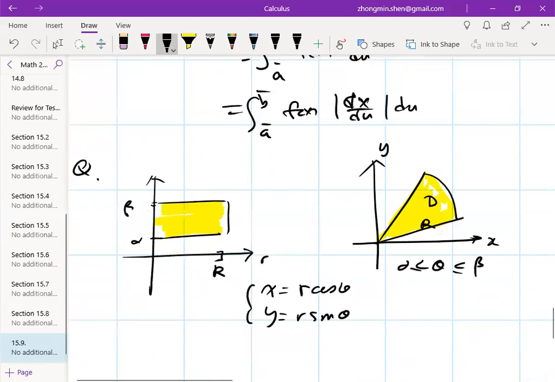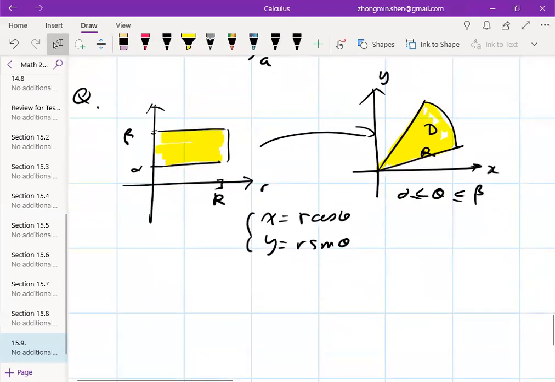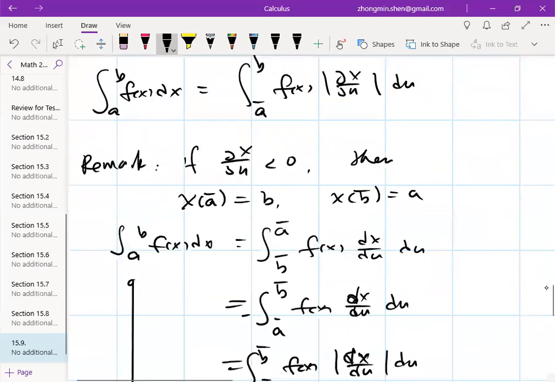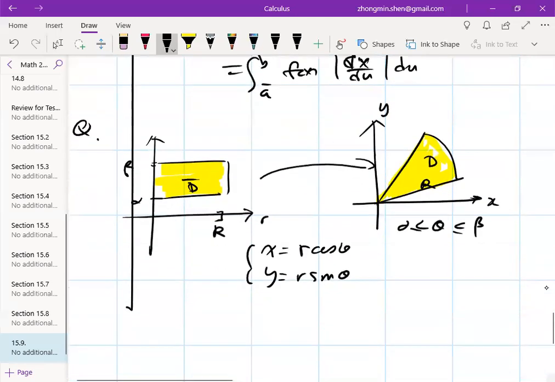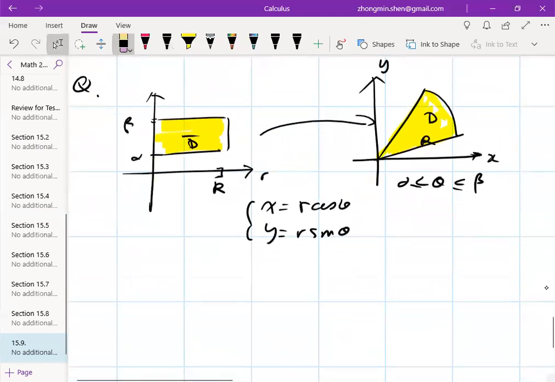Got it? So if I have to evaluate a double integral over D, I can change the variables. This is essentially just substitution. I'm going to find the derivative of the map.